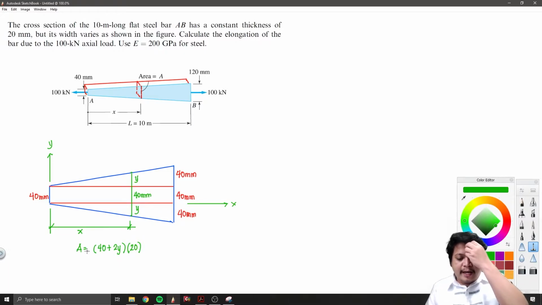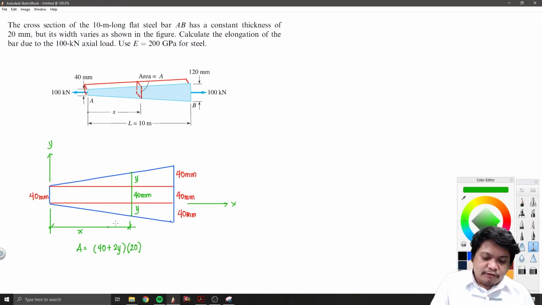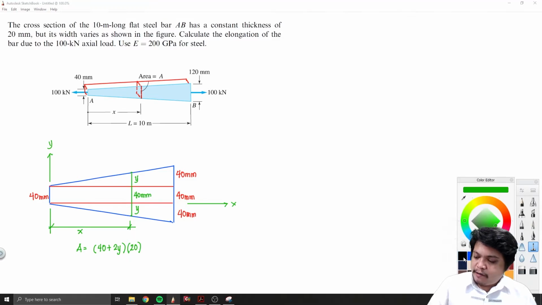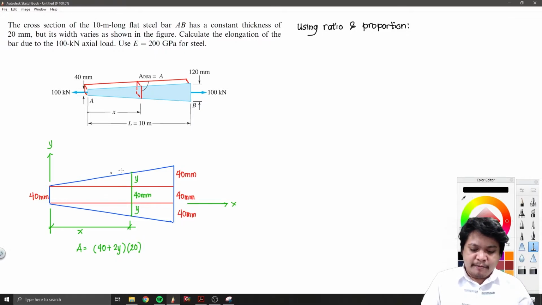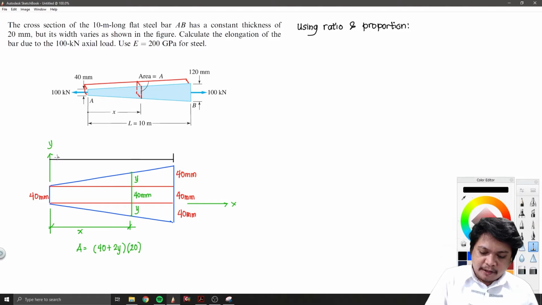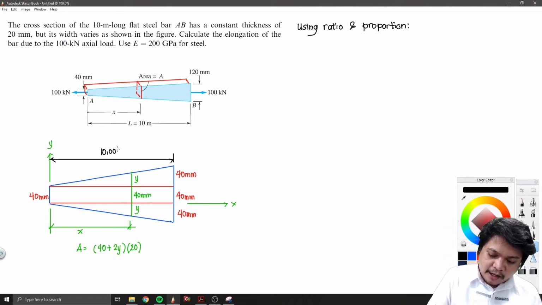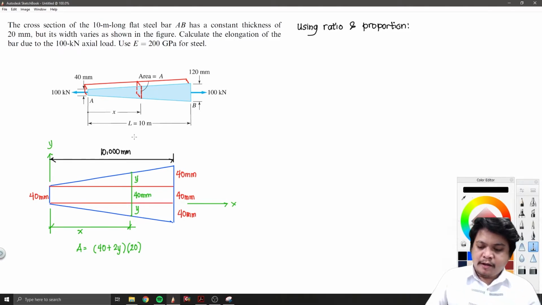So, ito yun yung ating cross-sectional area. Okay? Kaya lang, kunin natin in terms of x by using ratio and proportion. Kumbaga yung malaking triangle ko, yung total distance niya from here is around 10,000, ano? So, you have here 10,000 mm. Okay?